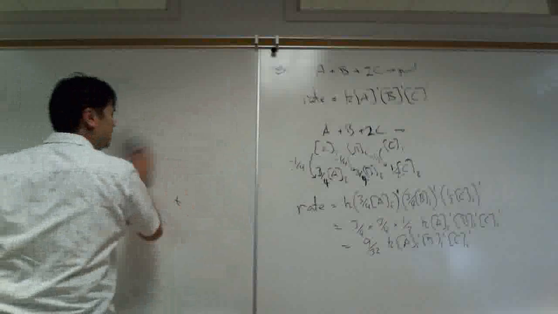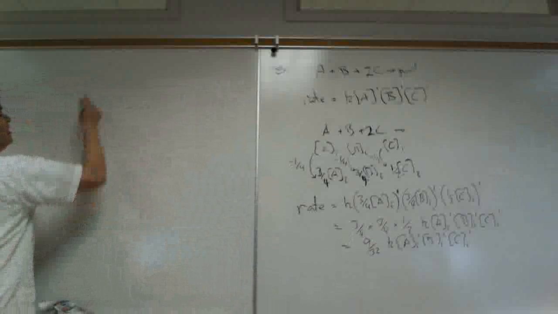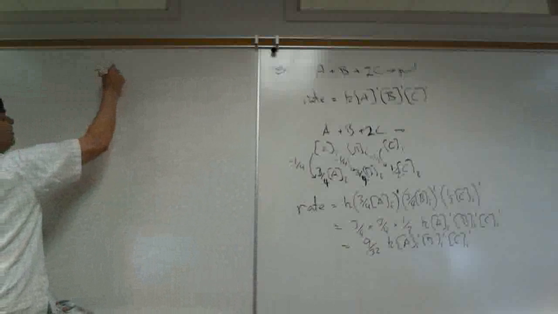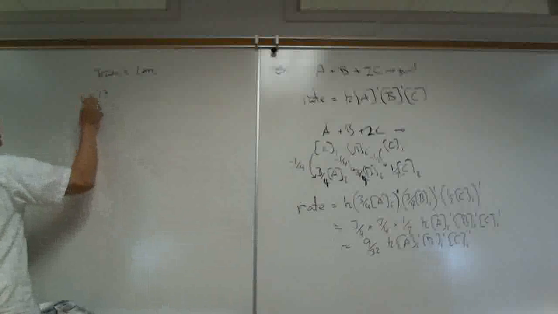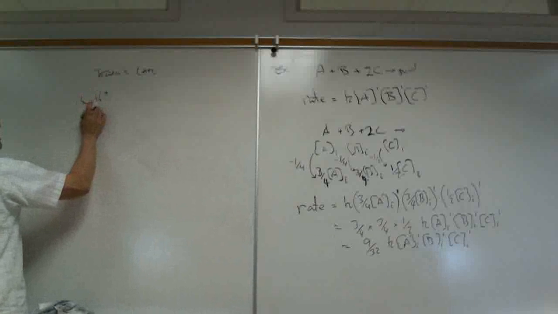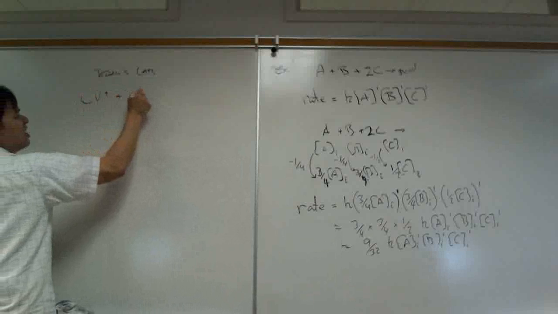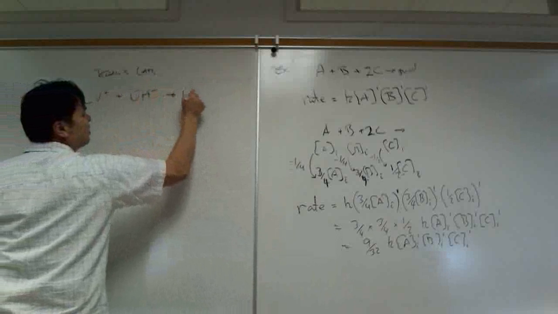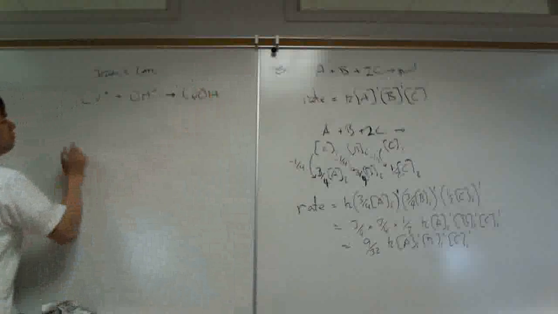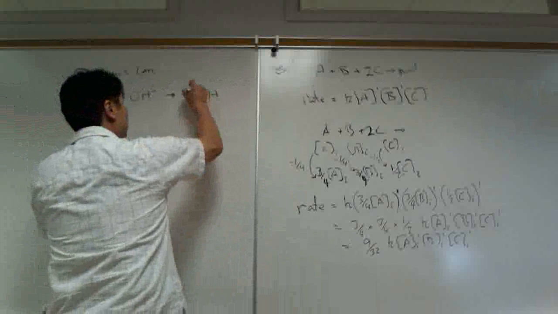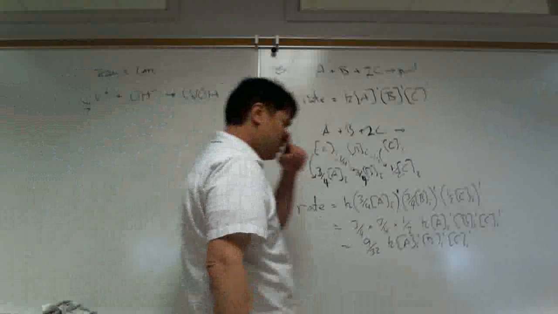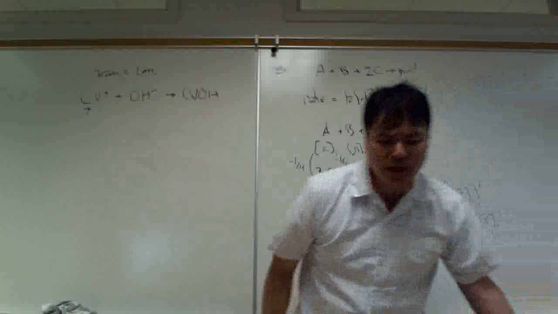We have 2 reactants that are going to influence the rate of reaction. So today's lab, we're taking the reactant crystal violet plus, we'll just abbreviate CV plus, and hydroxide. This forms crystal violet hydroxide. Well, crystal violet turns out to be purple in color.